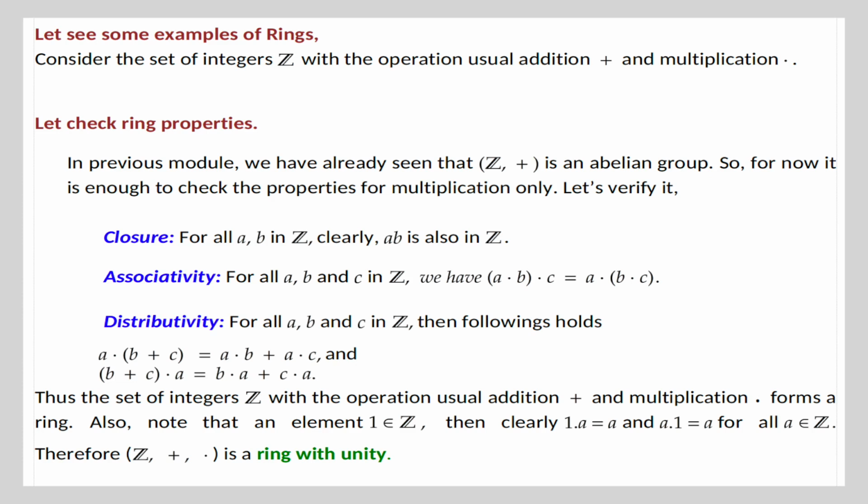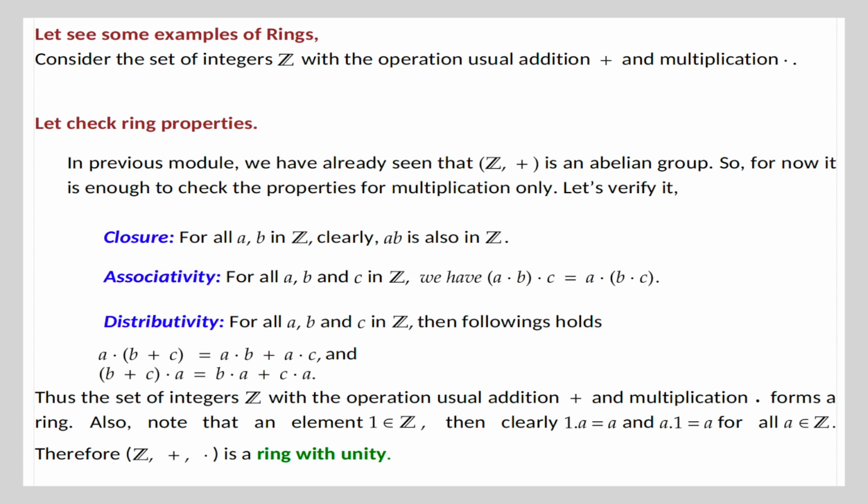Closure. For all a, b in Z, clearly ab is also in Z. Associativity. For all a, b and c in Z, we have (a · b) · c = a · (b · c). Distributivity.